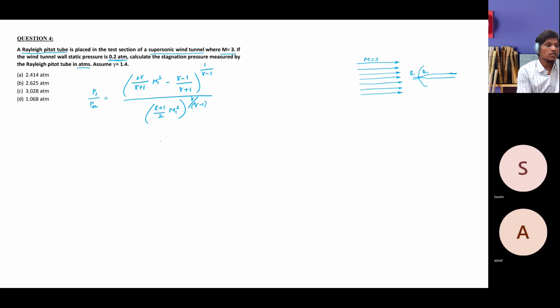So if this is the case, what we need is P02, and I need to clearly mention what this P02 is, the measure using the Pitot tube.